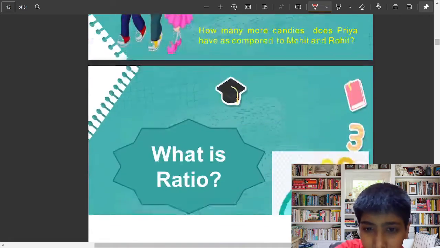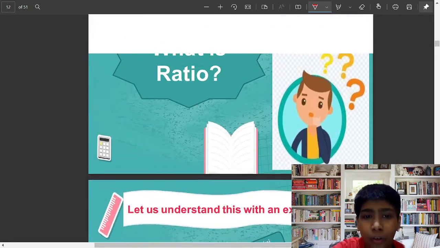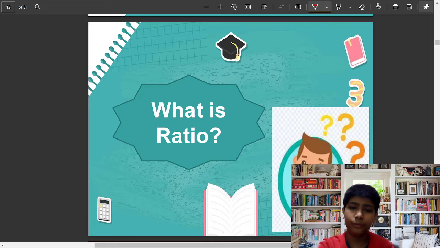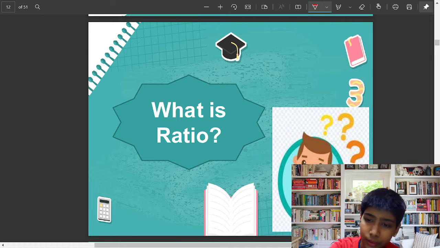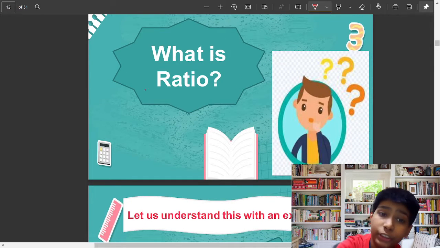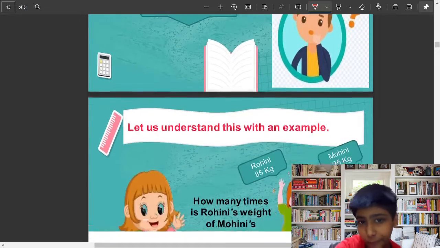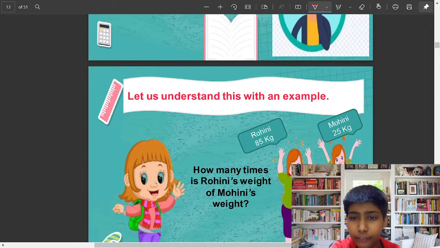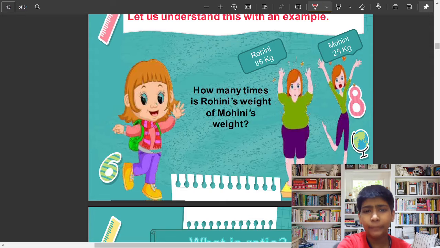So what is the ratio? This is a very important question to know about. What is ratio? Let us understand with an example. How many times is Rohini's weight of Mohini's weight? Rohini's weight is 85 kg and Mohini's weight is 25 kg.